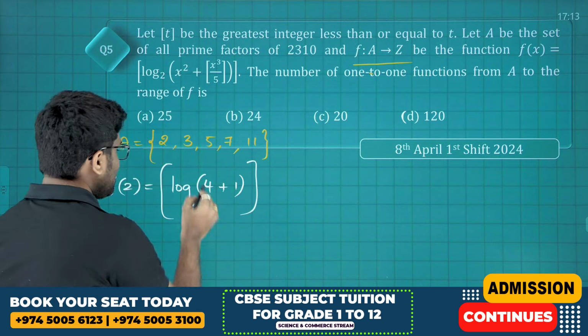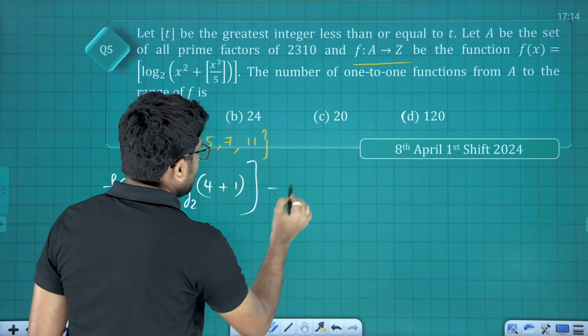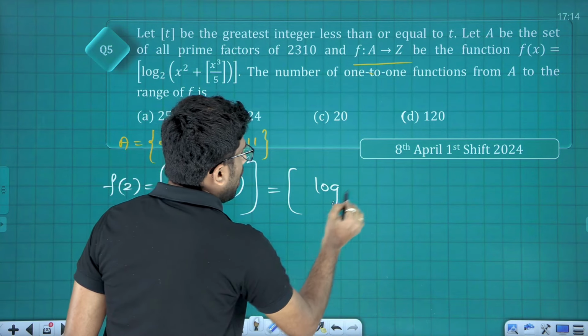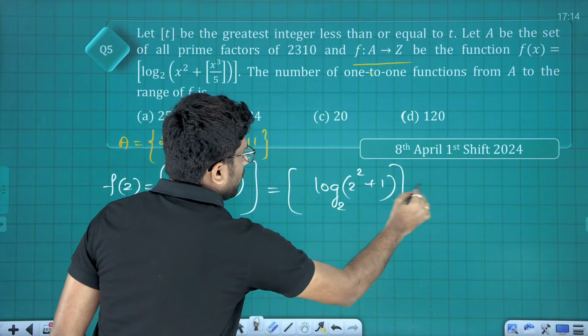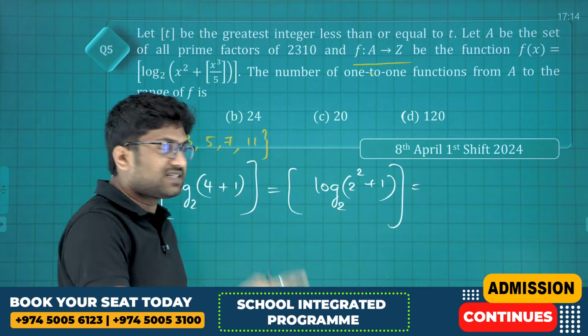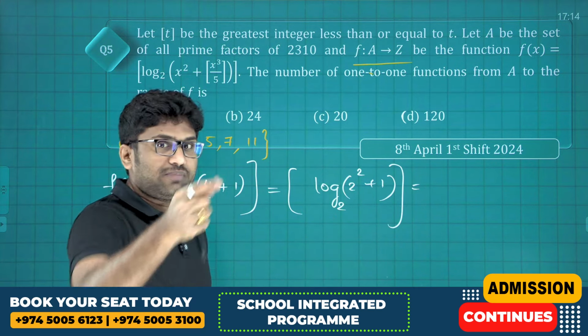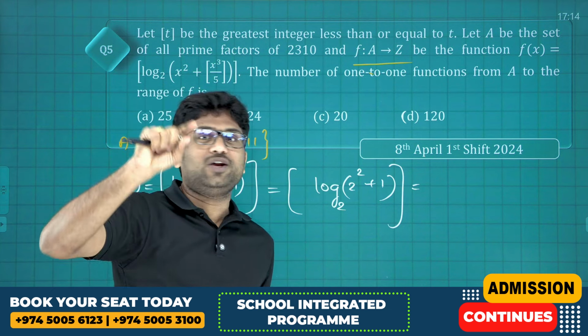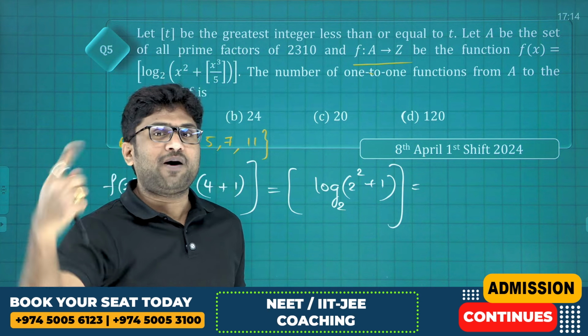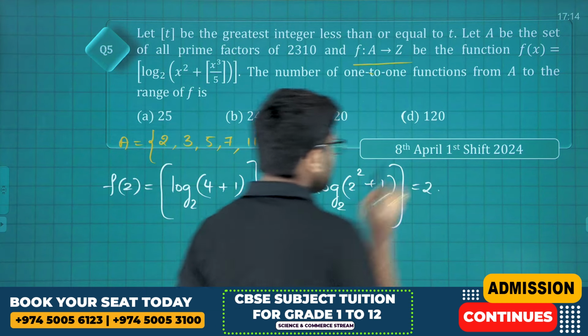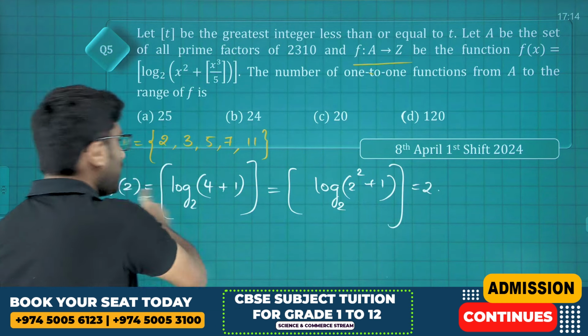We can write it as step of log 2 square plus 1 to the base 2. So for sure this is 2 point something, because log 5 to the base 2 has a value of 2 plus something. Step of 2 point something is 2. Clear? So f of 2 is 2.